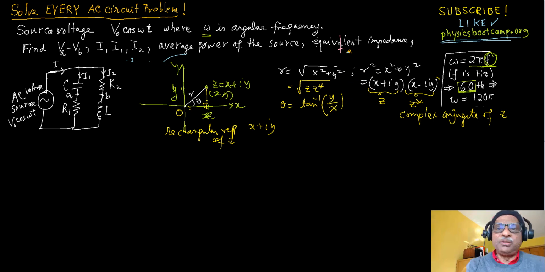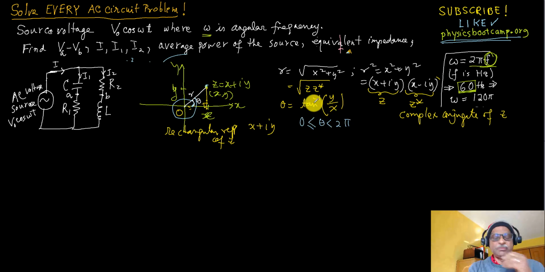But you have to be careful. You can see that if I go this theta and then I add 2 pi to it, I come back to the same point. So you got to be careful, and so theta goes from 0 to less than 2 pi. So we just cover it once around. That's it. We don't keep going over and over again.